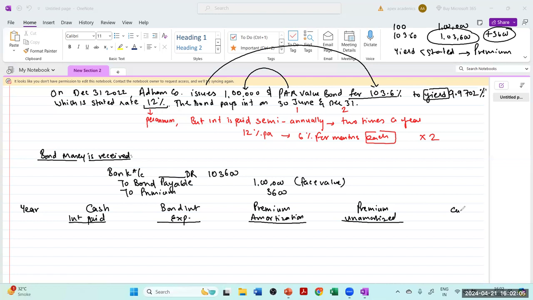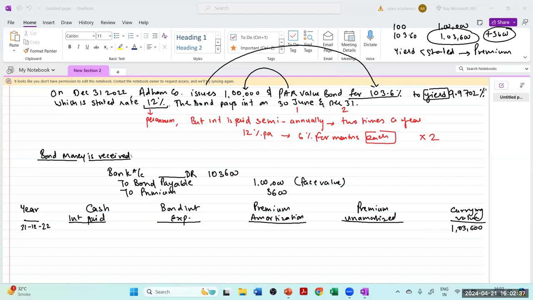And we have carrying value. Now, on the first day of this bond, that is on 31st of December 2022, you are having a carrying value of 1,03,600.